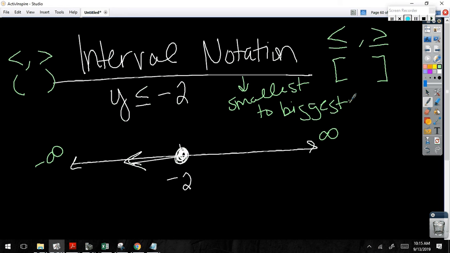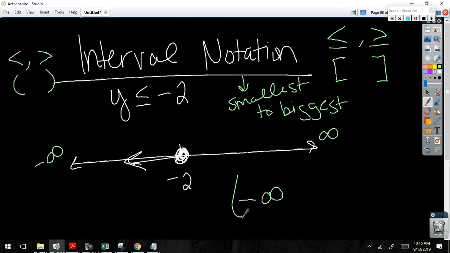Sort of? Okay. All right, so look at my number line, look at the inequality, and tell me if I'm describing y, what's the smallest, because it goes from smallest to biggest, what's the smallest that y can be? Negative infinity. Because I can't actually be negative infinity, I'm going to put a parenthesis.